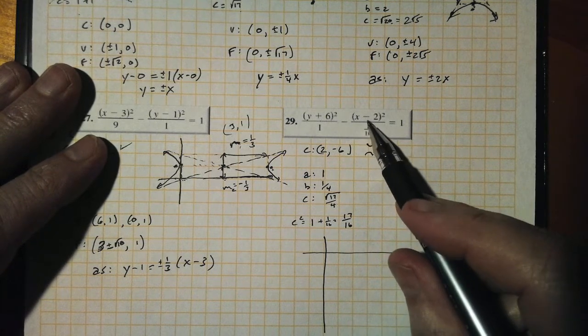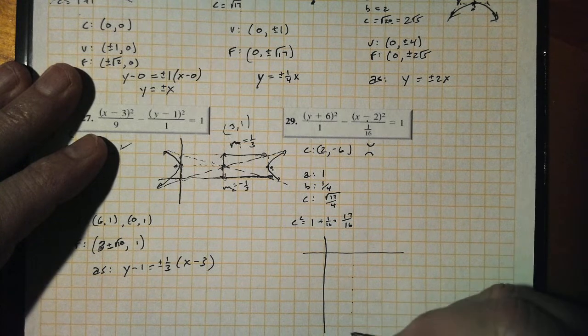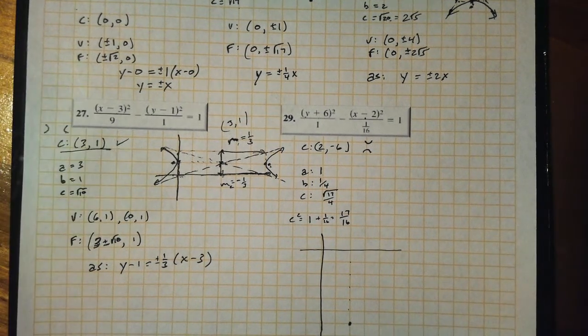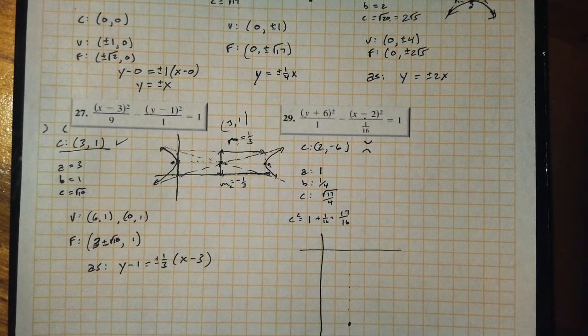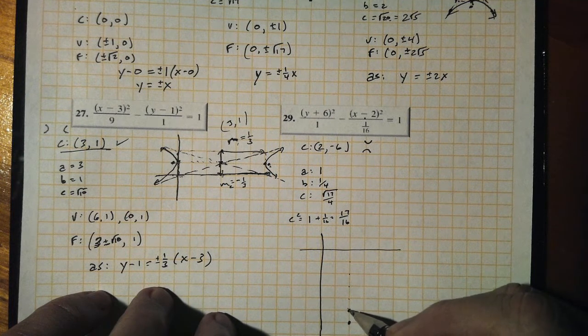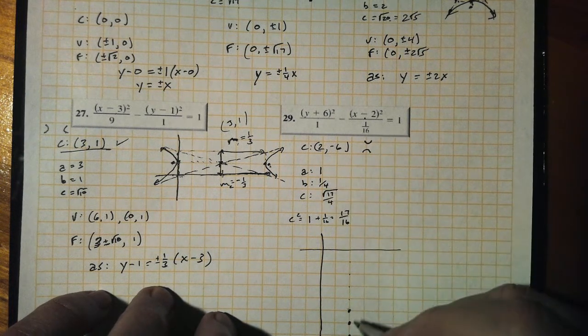So let's see. 2, negative 1, 2, 3, 4, 5, 6. And we're going to have little tiny movements from here. Now the y's fine. We're up and down 1. But right and left just 1/4.